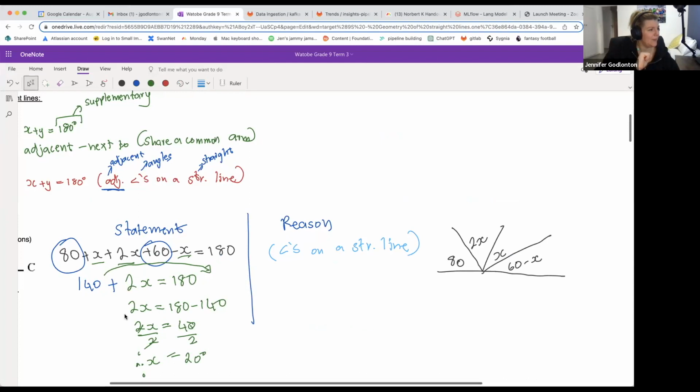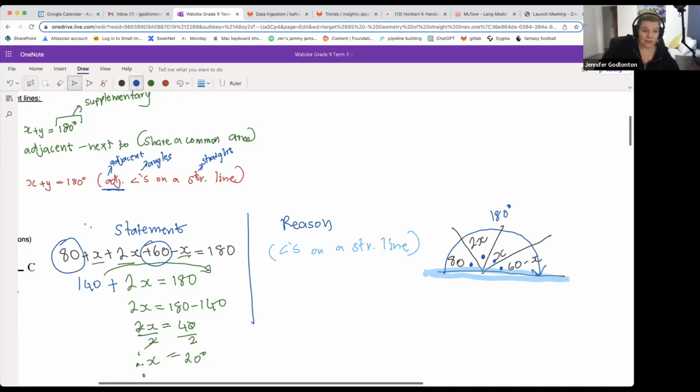Okay. So what's happening here is we have this straight line over here. I know it doesn't look very straight because I drew it, but it is a straight line. We're in imagination land for the moment. When we have a straight line, all adjacent angles on a straight line, and adjacent means they're next to each other, so this one plus this one plus this one plus this one, if we add all of them together, we need to get 180 degrees.